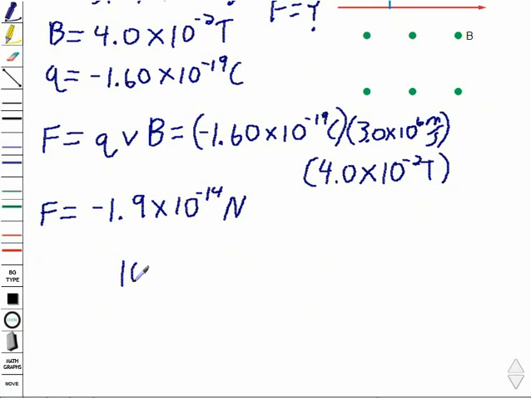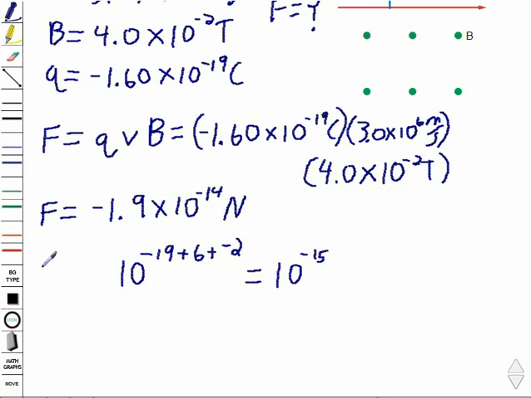We had 10 to the negative 19th. And when you multiply exponents, you add the exponents together. So we got negative 19 plus 6 plus negative 2. So that's going to give us 10 to the negative 15th.